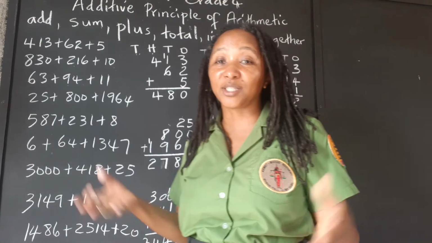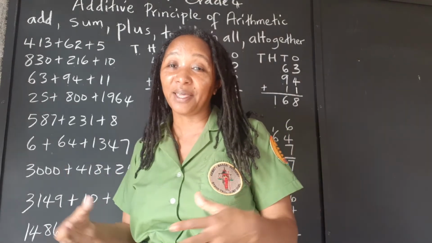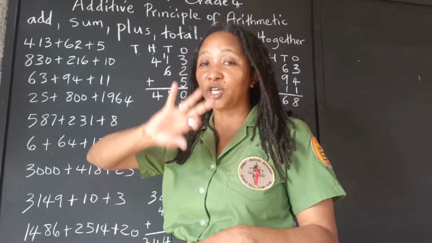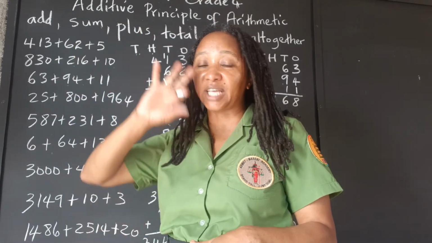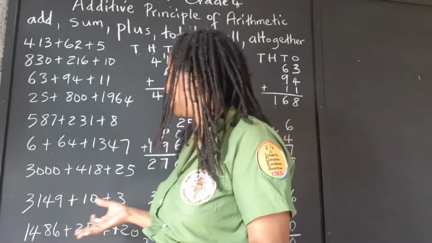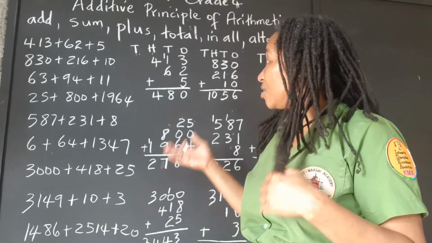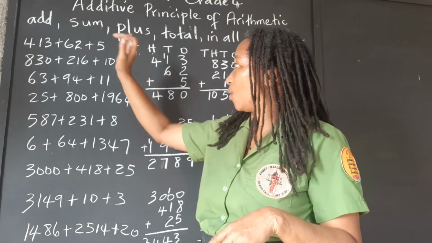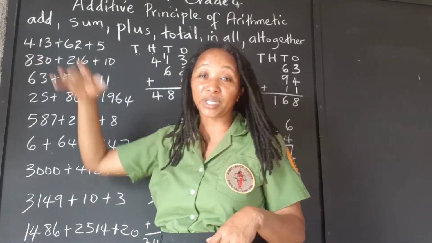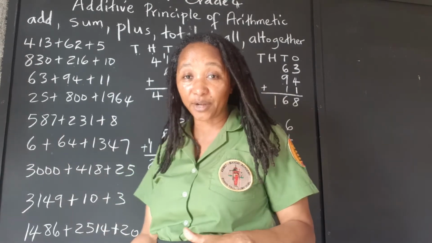Your answer is doomed to be incorrect. Unless it was just the same digits and you just had zeros at the top. Then it would probably make no difference, right? But you must make sure the ones are lined up together, the tens are lined up together, the hundreds are lined up together.